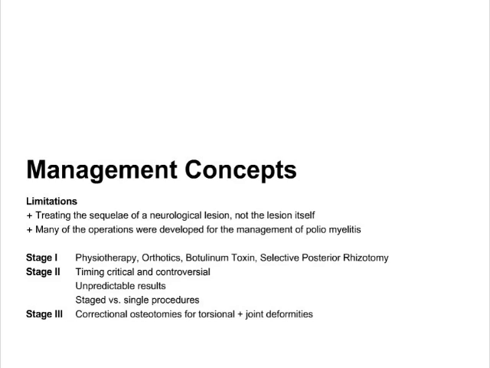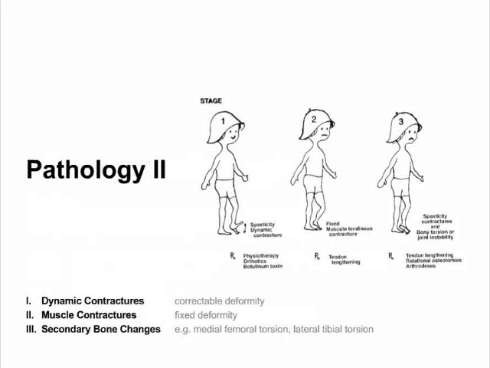Many of the operations historically used to treat cerebral palsy were developed for the management of polio. The differentiating factor is that polio is a static condition and one of hypotonia, whereas cerebral palsy results in spasticity, causing a progressive condition. If we relate this back in broad terms to the diagram demonstrated there, stage 1, where you have dynamic contractures, is where physiotherapy needs to be involved, and orthoses are certainly of use.